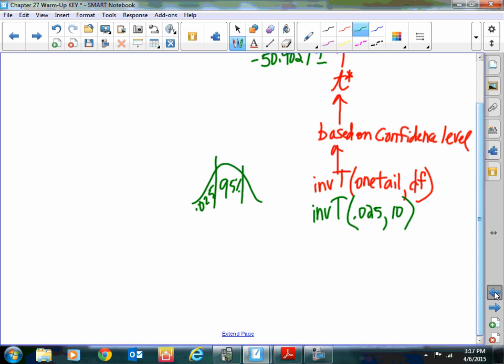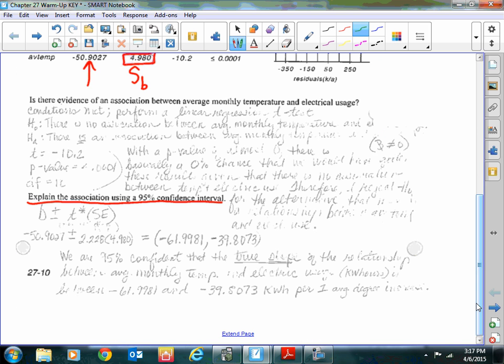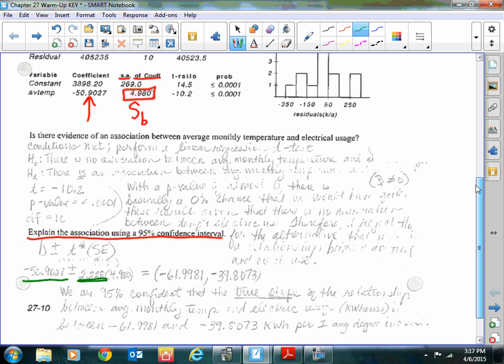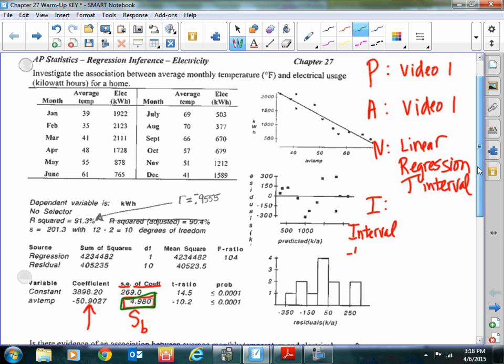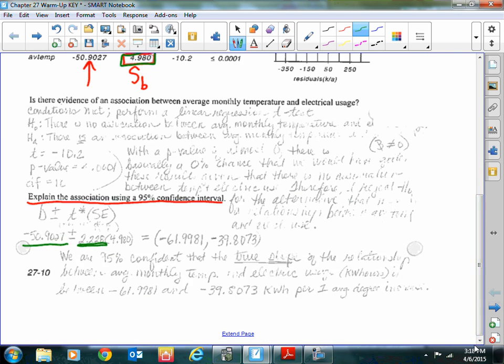Okay, and I believe I have that value written down here. That's the 2.228. So I've got the negative 50.9027 plus or minus the 2.228 times this standard deviation of the slope right here, 4.98. I'm going to just stay on this page now because I have it written down here.